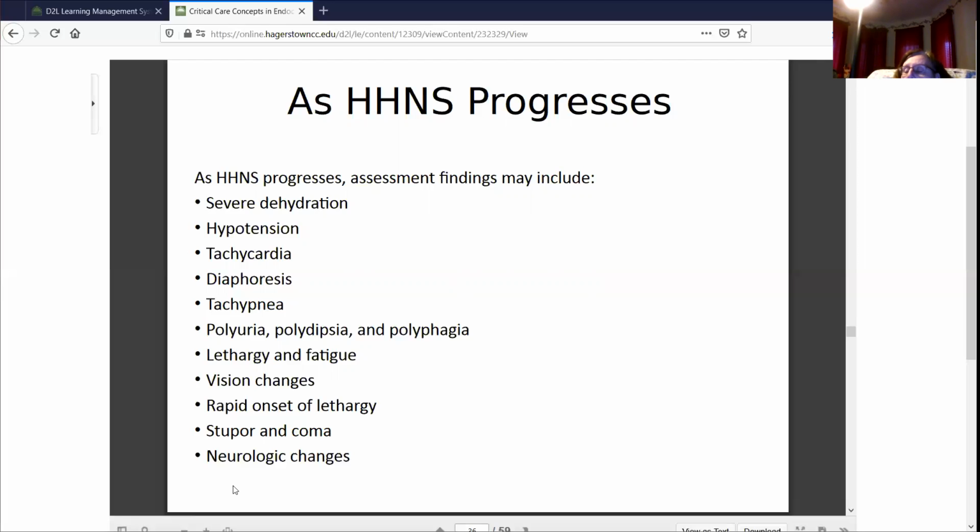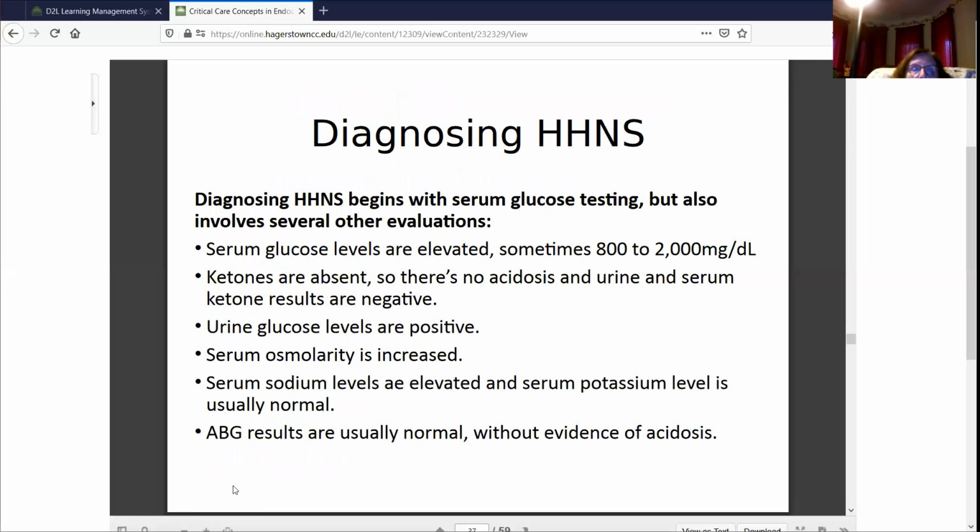Okay, so HHNS evolves very slowly, but once it's established in the patient, it can have rapid onset of lethargy. Okay? So diagnosing HHNS begins with serum glucose testing, but also includes several other evaluations. Serum glucose levels are elevated, sometimes 800 to 2,000 milligrams per deciliter.